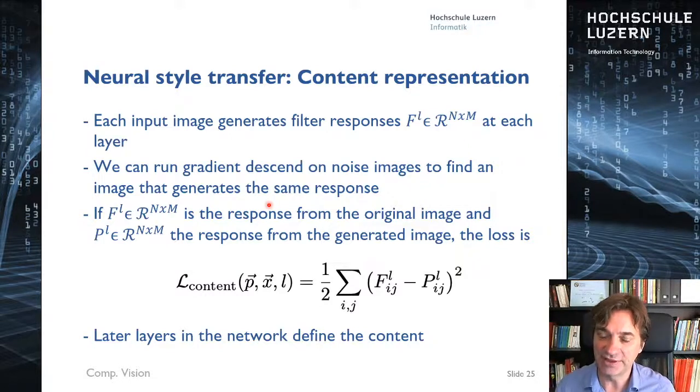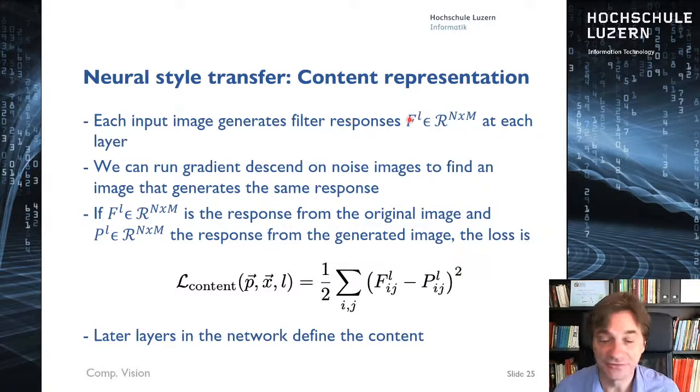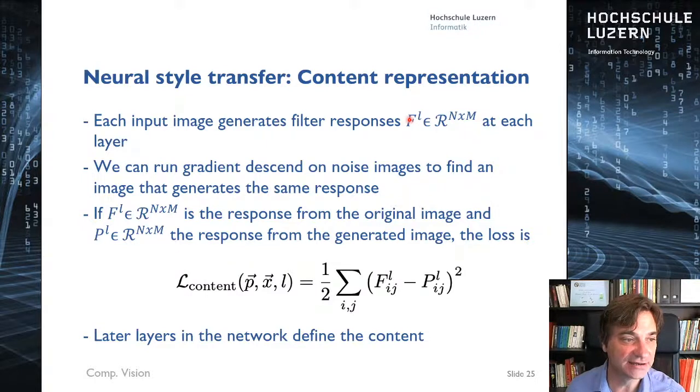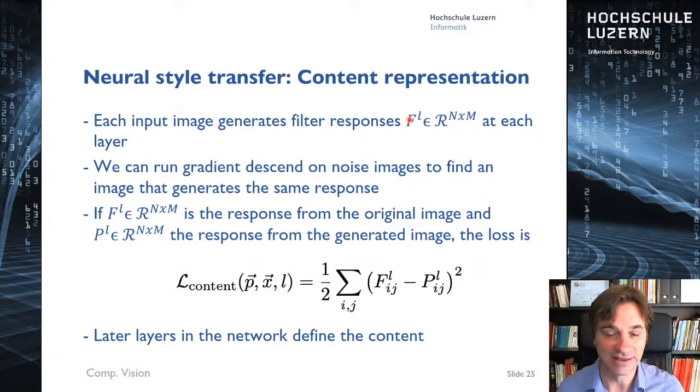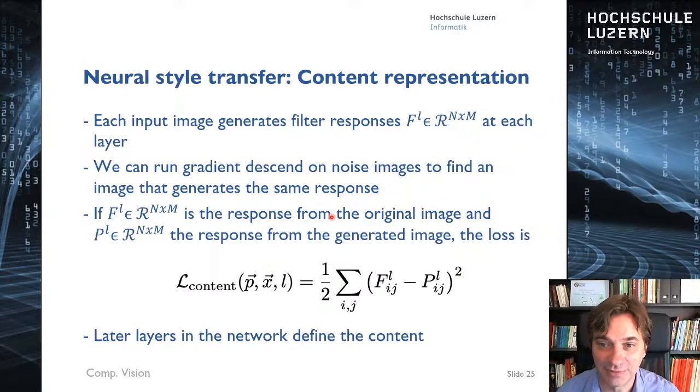Remember that in the visualization, we have seen that similar images have similar feature vectors at the last layer, and this is exactly the idea to use. So we want to produce an image that generates similar filter responses, mainly in the later layers. And we again do this by applying gradient descent through the network.